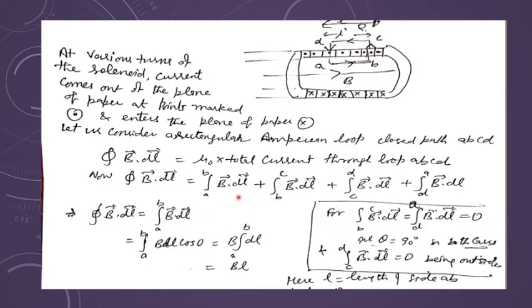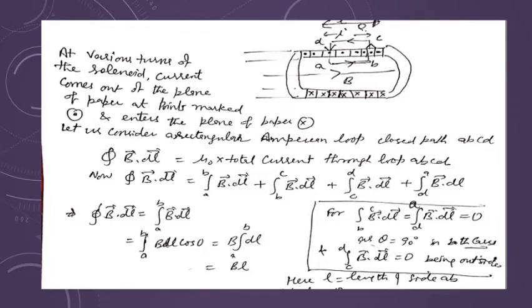So the magnetic field is there only because of the line A to B, and the integral of dl equals L, if I assume L is the length of the side AB. Then the closed line integral of B dot dl equals B times L, where L is the length of the side AB. Now by using Ampere's circuital law, you can equate it to mu naught I.